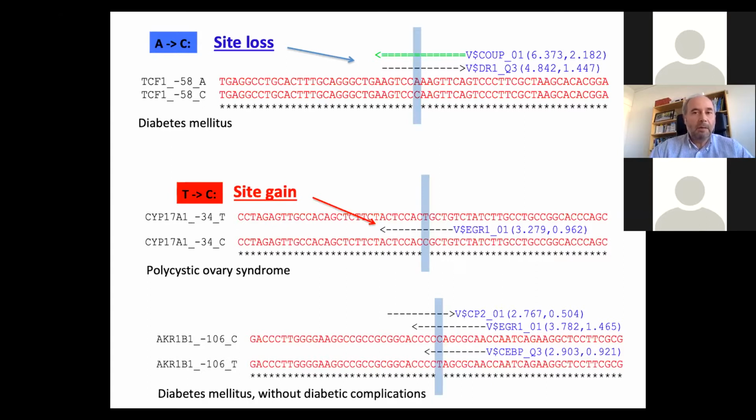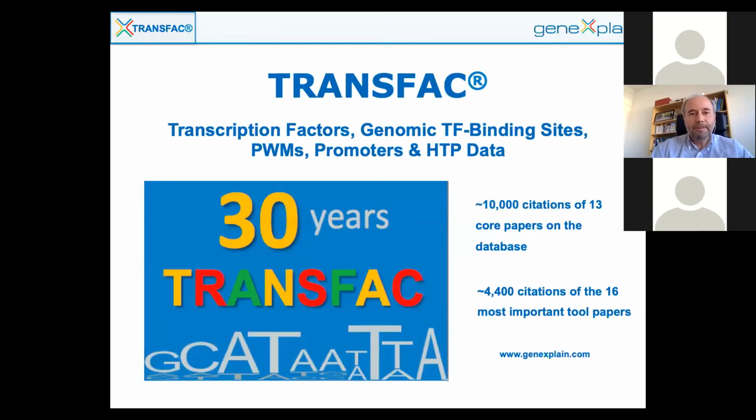So all these cases are either predicted or known, but basically there's a lot of them in the genome. And to do the systematic search of those cases when we see the SNPs and we want to see how these SNPs are changing the potential binding sites in the genome, we are using the TRANSFAC database, the golden standard of the collection of predictive models for predicting binding sites for transcription factors.